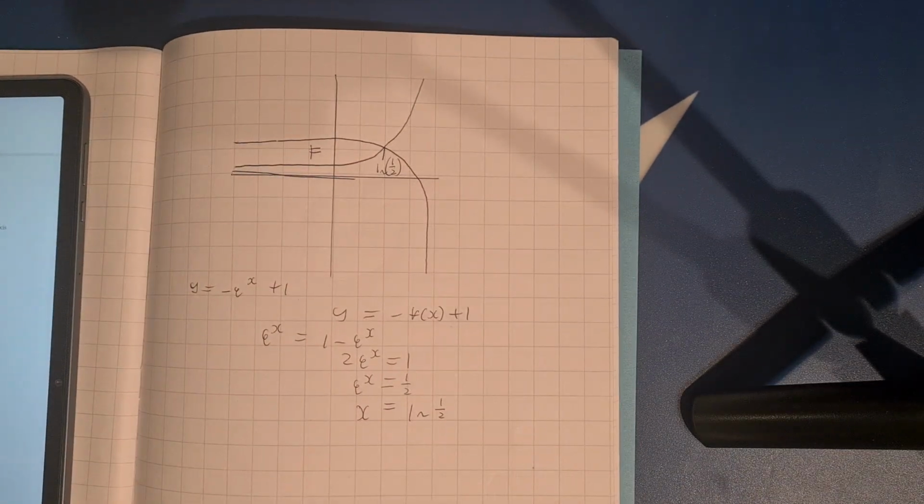But where else would they intersect? Because they're surely going to intersect elsewhere, aren't they? Well, not necessarily, would they?